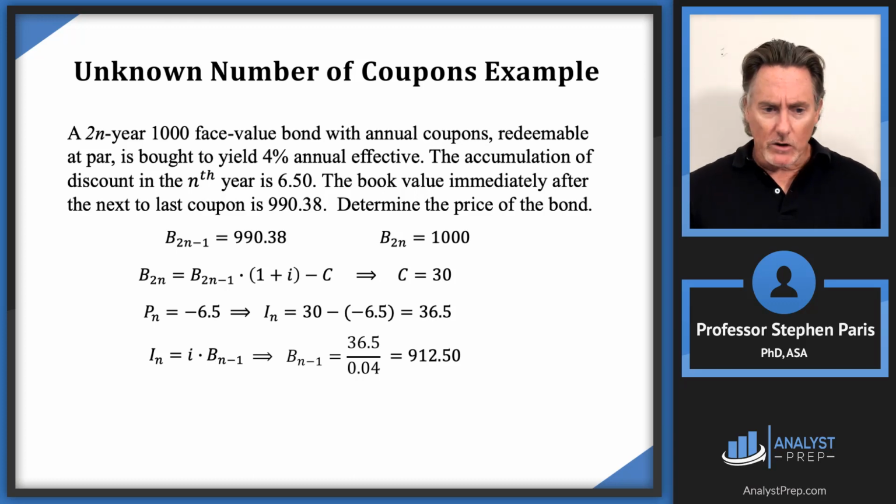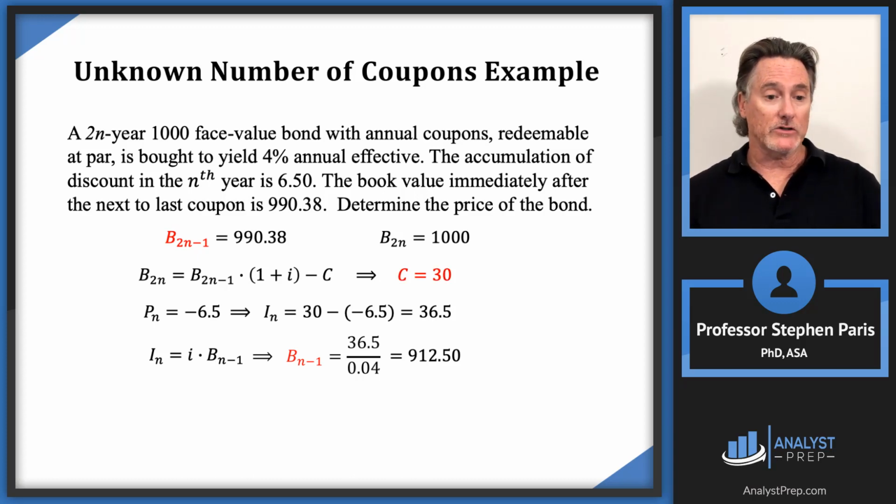So now look what I've got. I've got a book value at time n minus 1 and a book value at time 2n minus 1, and there are n periods between those two time periods, and I've also got that the coupons are 30 in between those time periods. So I've got everything I need.